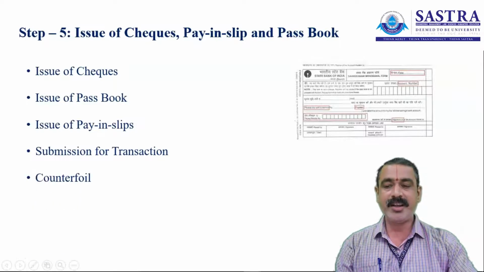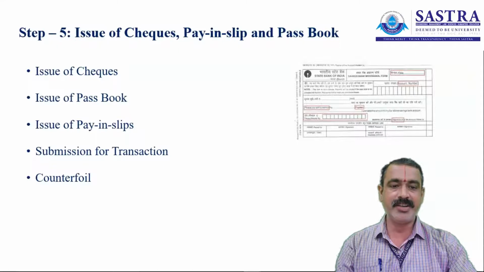The initials of the cashier on the counterfoil do not in any way mean that the check etc. are in order. The cashier puts his initial for the receipt of such cash or check along with the pay-in slip, signs the counterfoil and returns it to the customer.